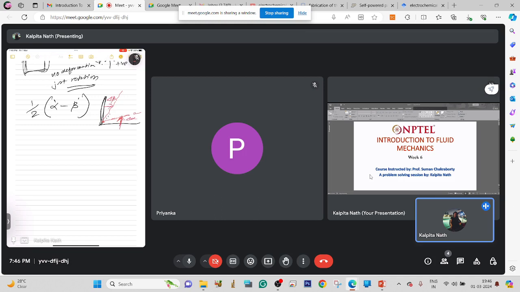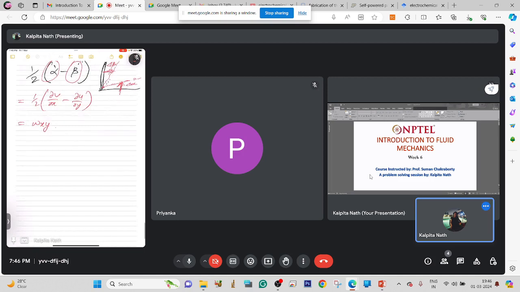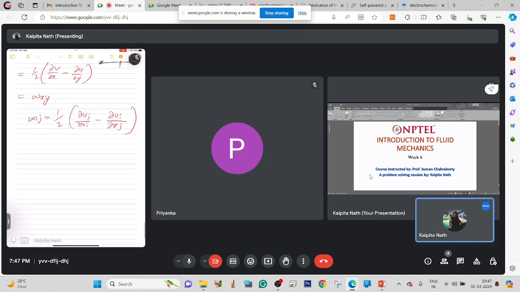If we are considering this positive and del beta is negative, that's why we are considering alpha dot minus beta dot. So this will be half of del v del x minus del u del y. So this is considered as wxy. Similarly, wij, if z is also considered, then the formula will be half of del uj del xi minus del ui del xj. Okay.